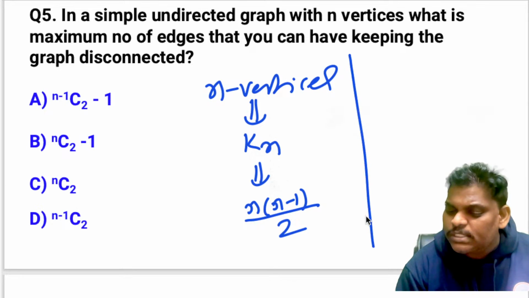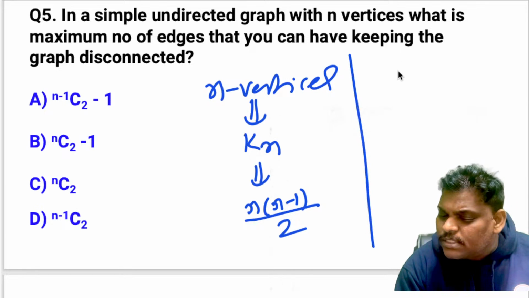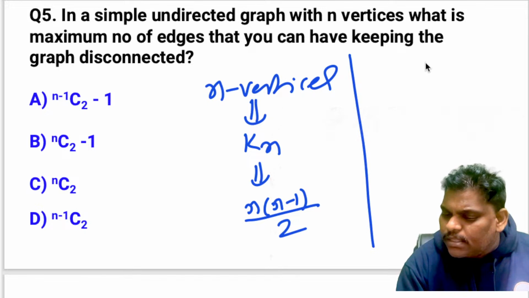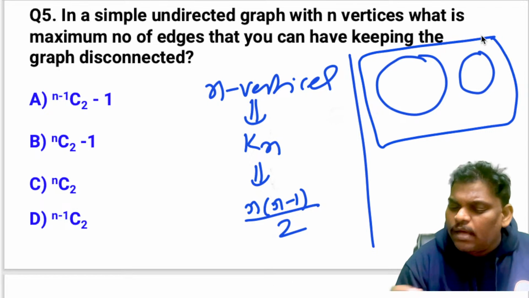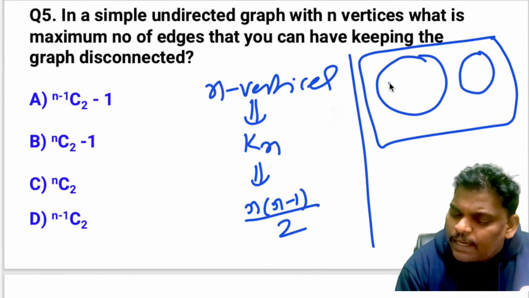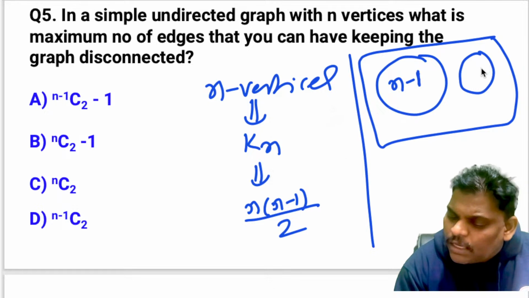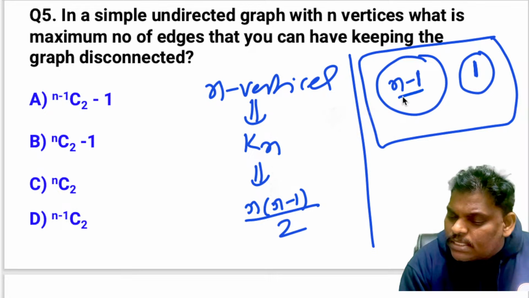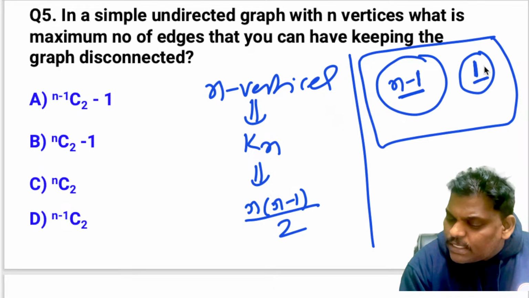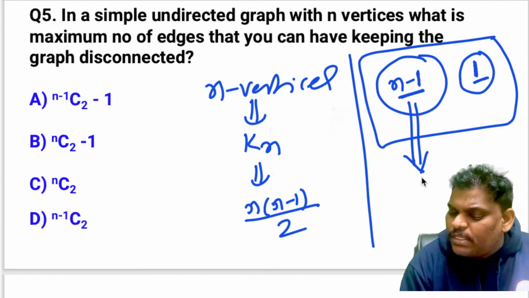Now listen everyone. He is saying that the graph is disconnected and you want more edges also. Then what you do is, this is the graph which is disconnected. Here n minus 1 vertices are there, and here only one vertex is there, disconnected. So for the n minus 1 vertices graph, the maximum number of edges is in Kn minus 1.